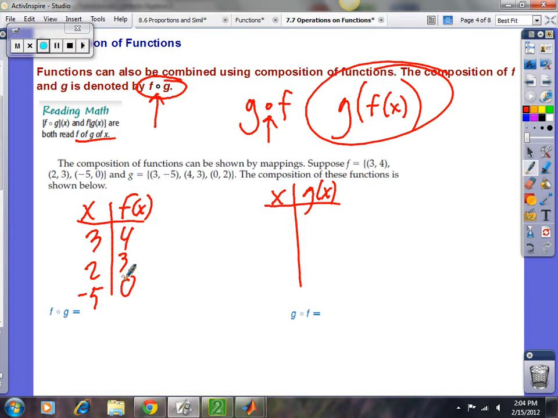On g of x, you should have 3, negative 5, 4 and 3, 0 and 2. So let's organize them in tables. This table represents f of x. This table represents g of x.